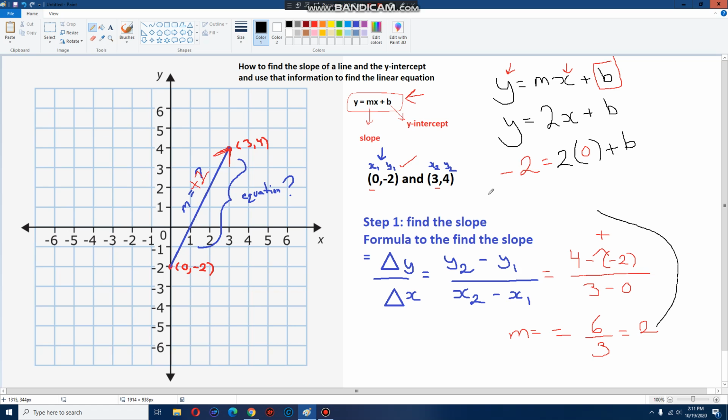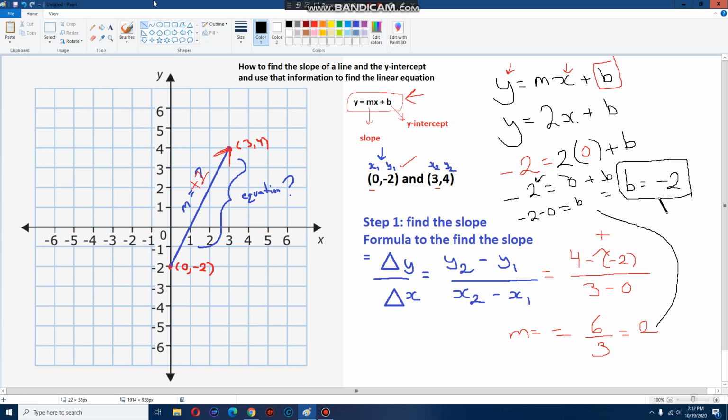Now let's multiply it. Minus 2 is equal to 0 plus b. And let's bring the numbers on this side. So we get minus 2 minus 0 equals b. And minus 2 minus 0 is just minus 2. So that means b, or our y-intercept, is equal to minus 2. And there we go. We got our y-intercept.